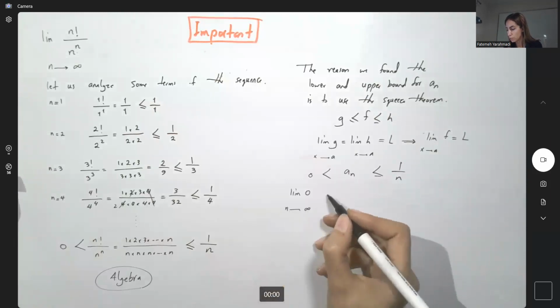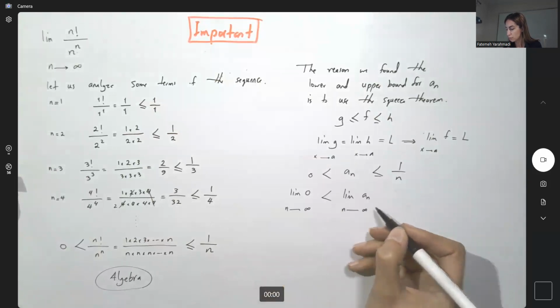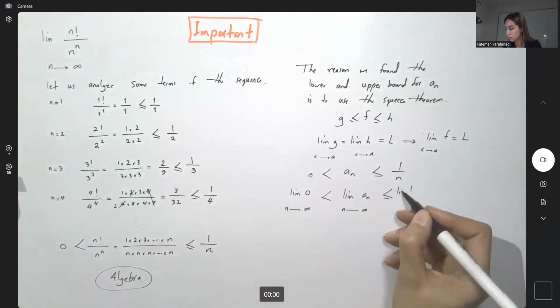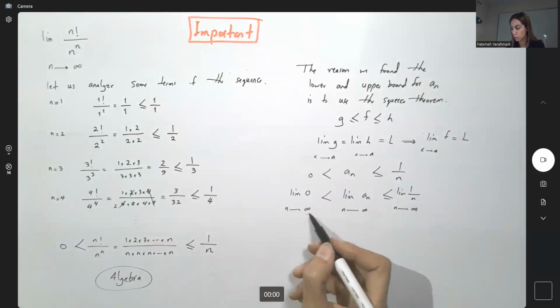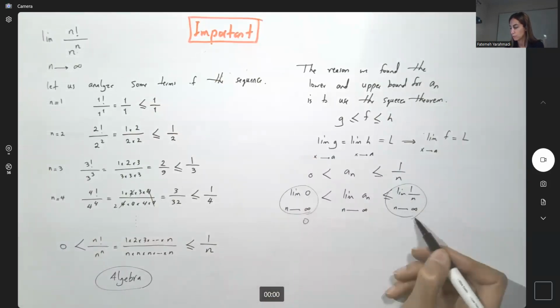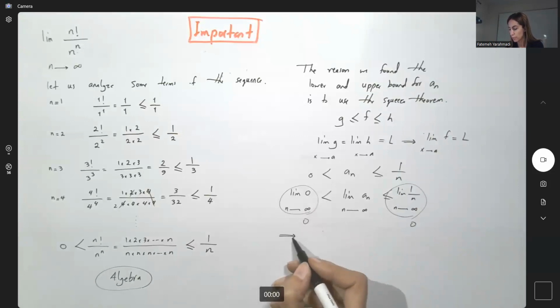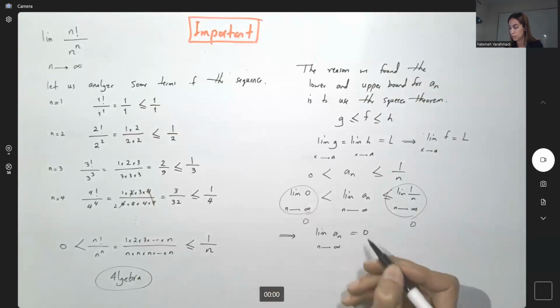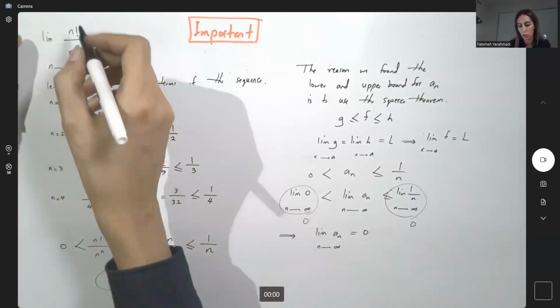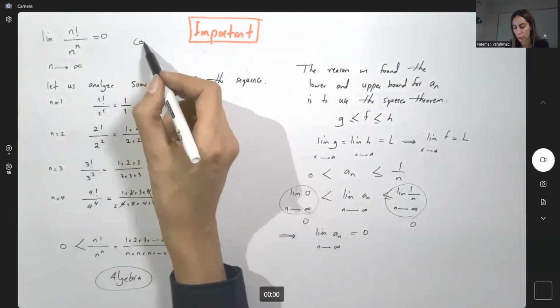As n goes to infinity, the limit of 0 is less than or equal to the limit of an, which is less than or equal to the limit of 1 over n as n goes to infinity. Well, this is basically 0. This is basically 0. 0 and 0 are equal to each other. So we can conclude that the limit of an as n approaches infinity is 0. You have a convergent sequence.